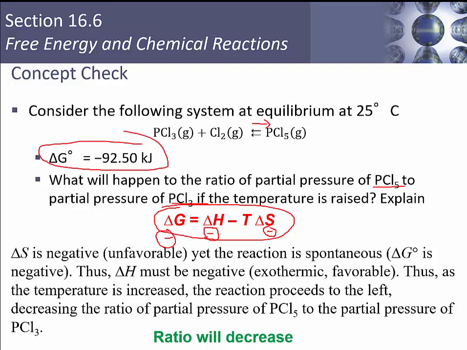And since T times delta S is negative, delta H has to be both negative and larger in magnitude than T times delta S. Delta H has to be negative, exothermic, which is a little bit more favorable. When the temperature is increased, the reaction is going to proceed to the left, decreasing the ratio of the partial pressure of PCl5 to the partial pressure of PCl3. The ratio will decrease.